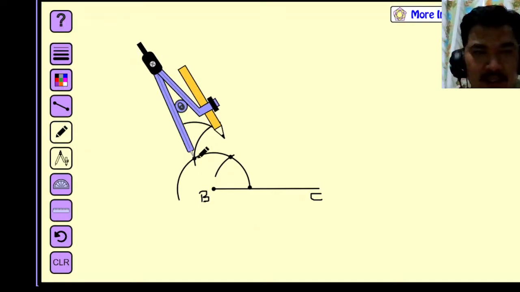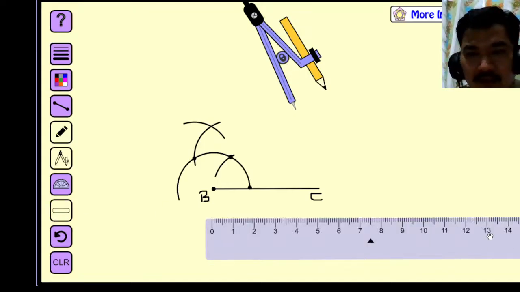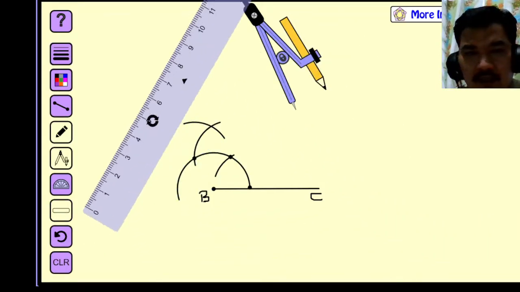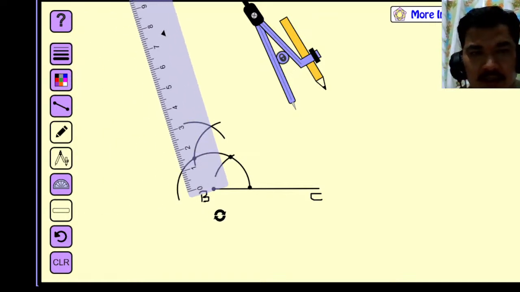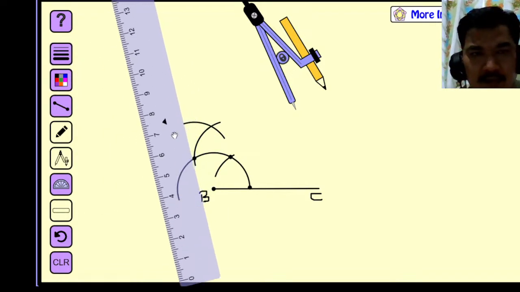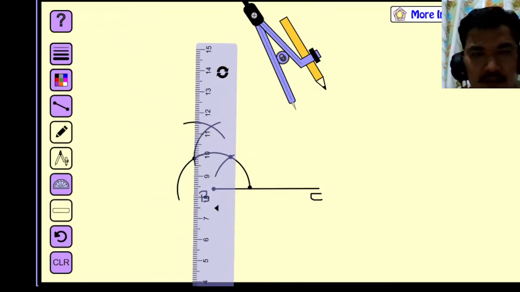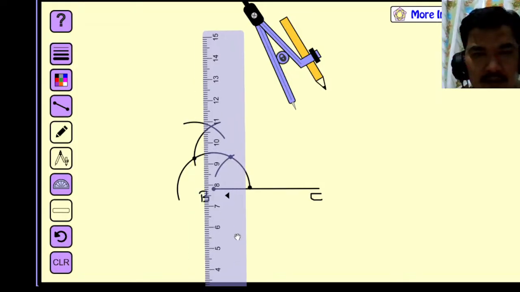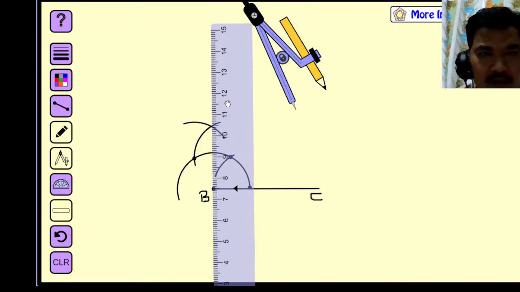This is 90 degree, right? And join this with the help of ruler now. Ruler put straight, vertical straight one, and here, like this put straight, right?